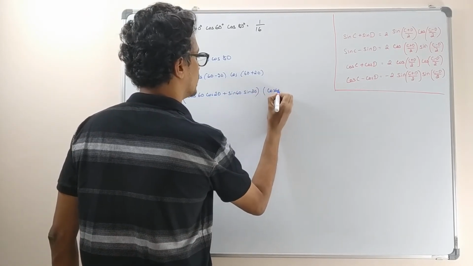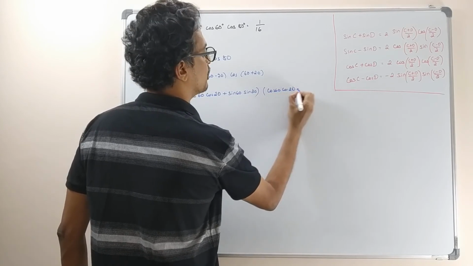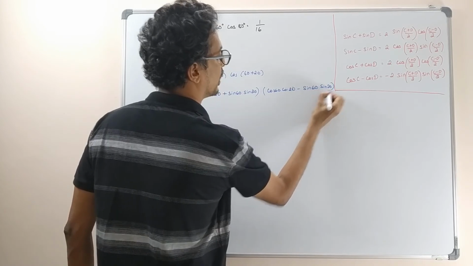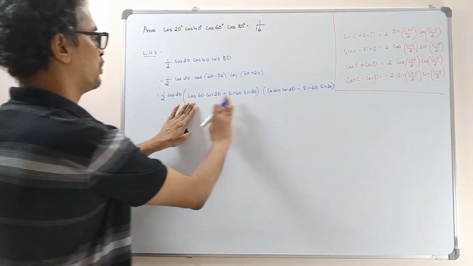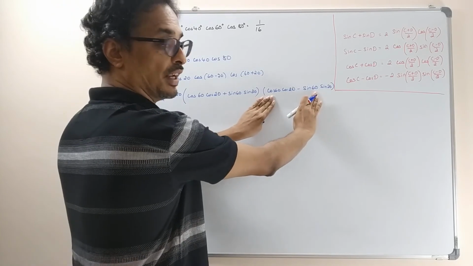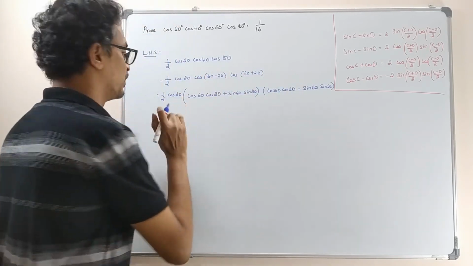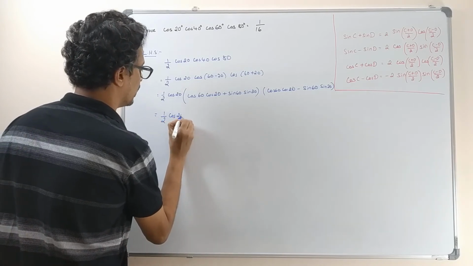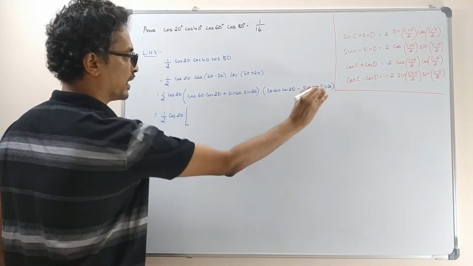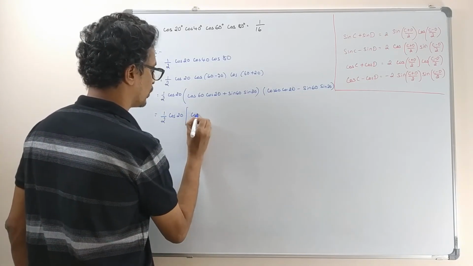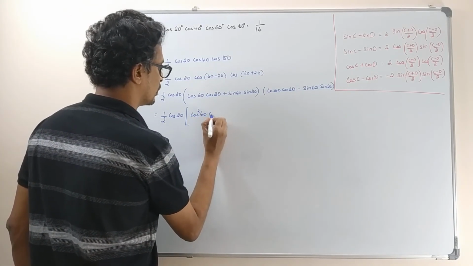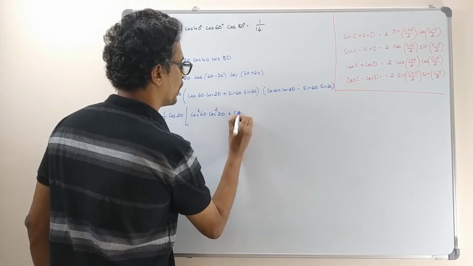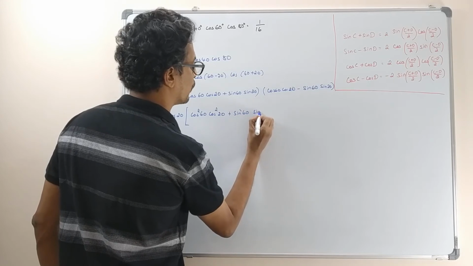Cos 60 cos 20 minus sin 60 sin 20. Okay. What is this formula? (A plus B)(A minus B), so that is A square minus B square. So this will be half cos 20 into A square minus B square. Correct? That will be cos square 60 cos square 20 plus sin square 60 sin square 20.